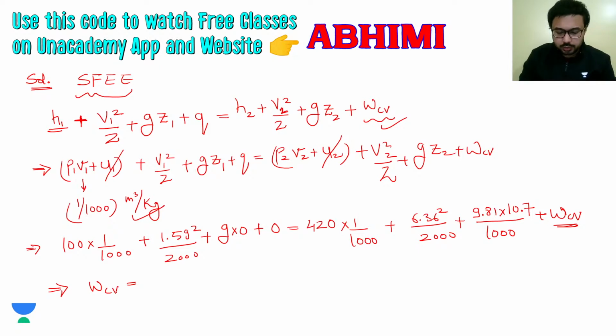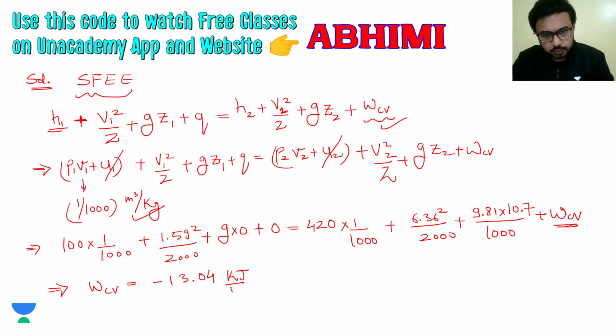My answer right here is coming out as minus 13.04, and this will be in kilojoule per kg, and we have to find this work input in kilowatts.